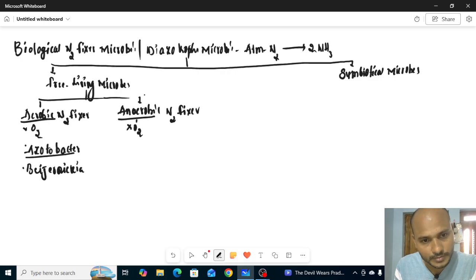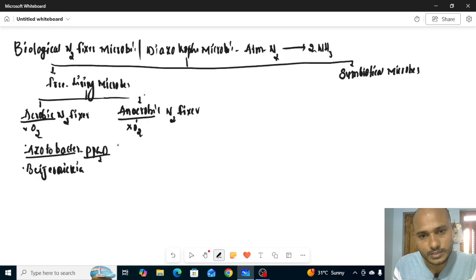Here Azotobacter is a PPLO bacteria. PPLO means pleuropneumonia-like organism, pleomorphic in nature. It means the bacteria can change its shape and structure depending on the type of environment and mode of nutrition. Such bacteria are called pleomorphic bacteria. The best example is Azotobacter, and we already made one video on mycoplasma. Even mycoplasma is also one kind of PPLO bacteria.